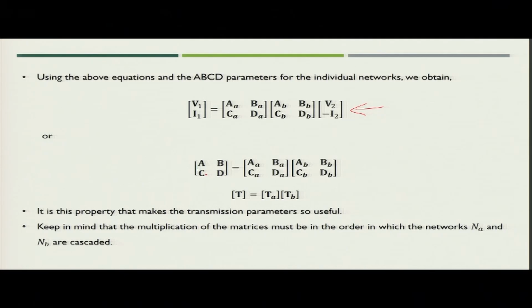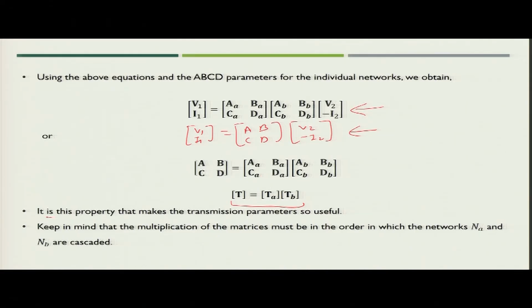When you compare both of the equations, you can simply say that the ABCD of the overall network is equal to the multiplication of the individual ABCD parameters of network A and network B. So, in short, you can write that matrix T is equal to the multiplication of matrix T A and matrix T B. T is nothing but the transmission parameter, which is also called the ABCD parameter.